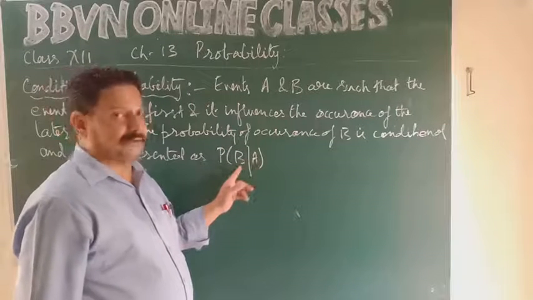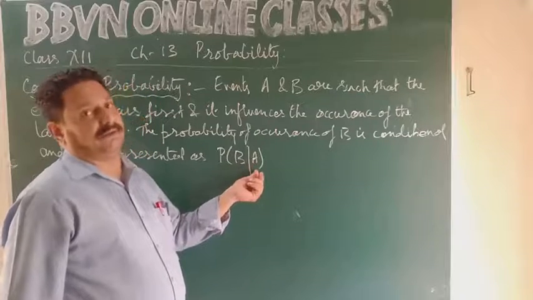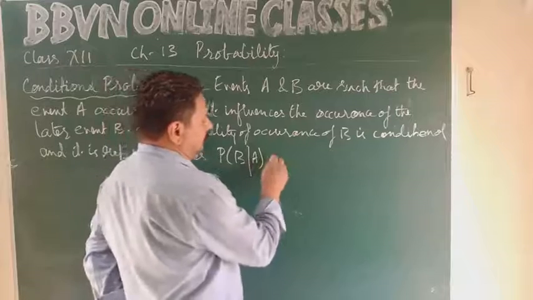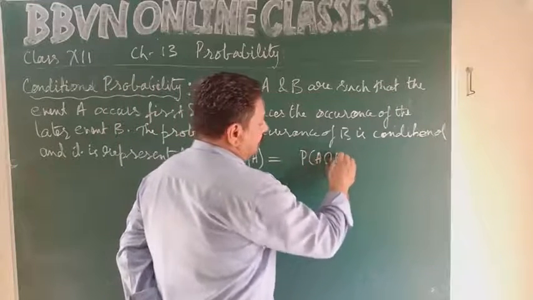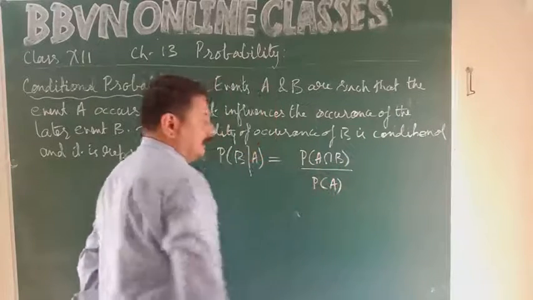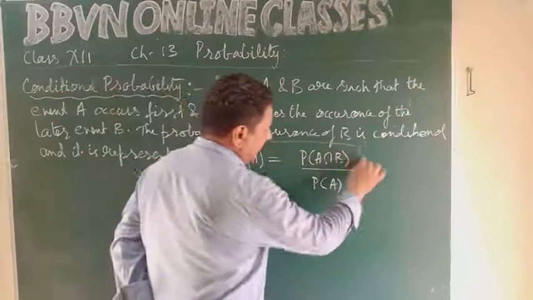The probability of B will be conditional. It is subjected to the occurrence of A, right? And how is it given? Probability of B after the occurrence of A is equal to probability of A intersection B upon the probability of unconditional event A. This is the conditional probability.